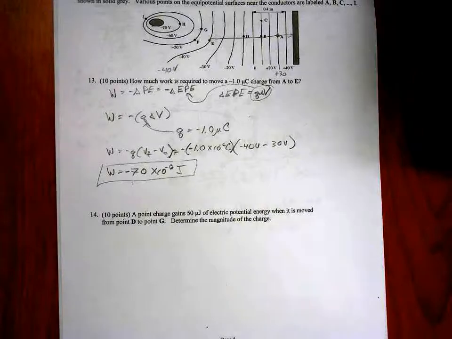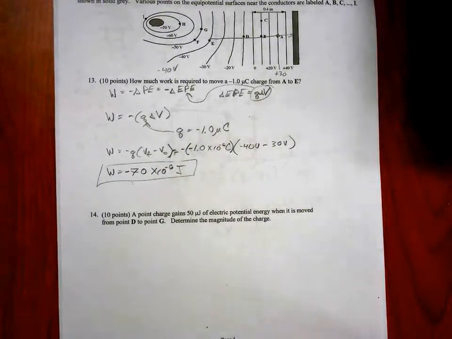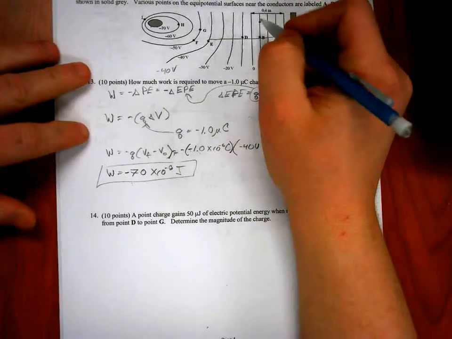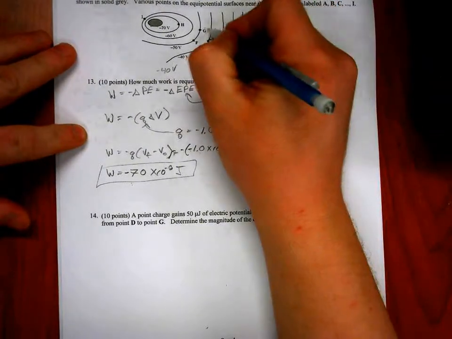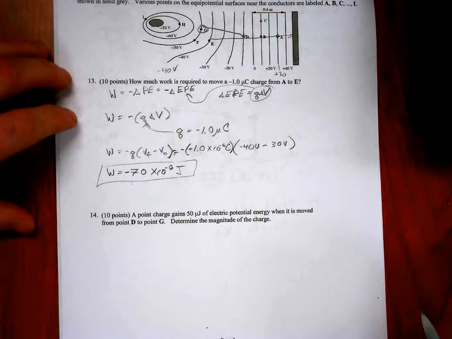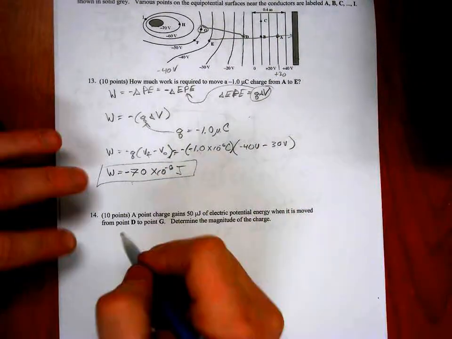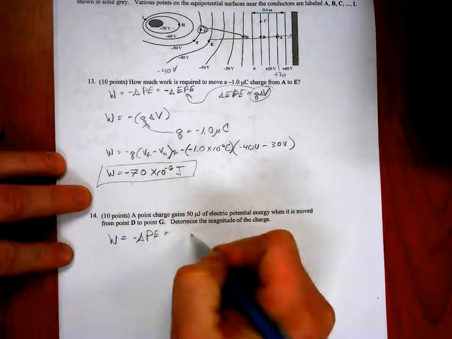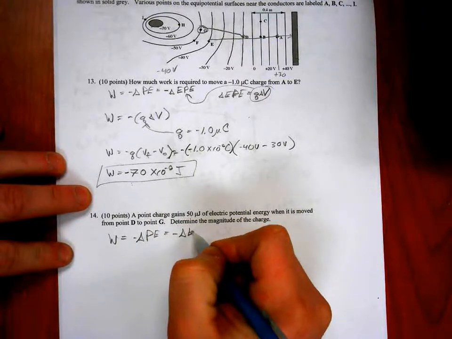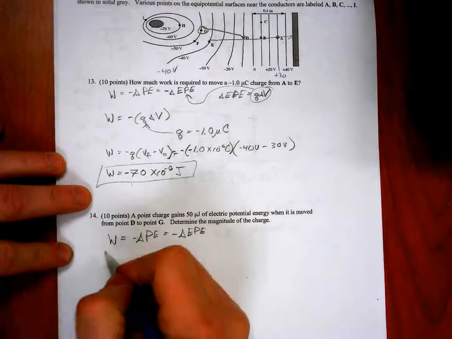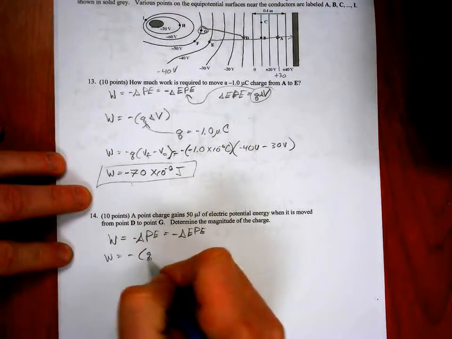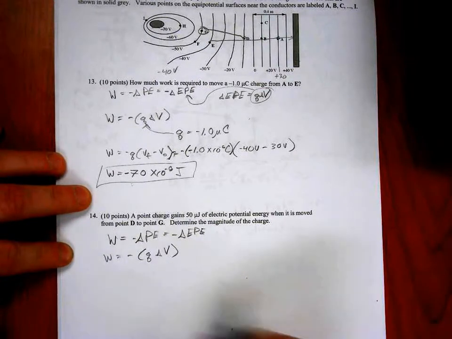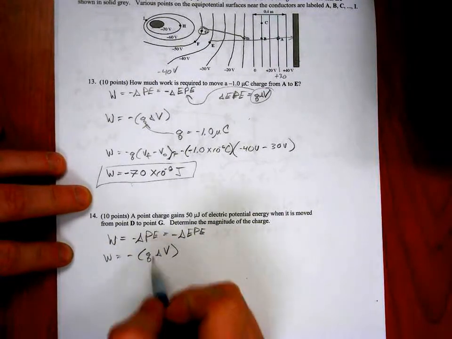So here we have a point charge gains 50 joules of electric potential energy when it's moved from point D to G. Determine the magnitude of the charge, D to G. Okay, well now we're just working backwards, right? So work equals negative change in potential energy, or negative change in EPE, or work equals negative Q delta V. All right, we don't know what the charge is, but we can solve for that.